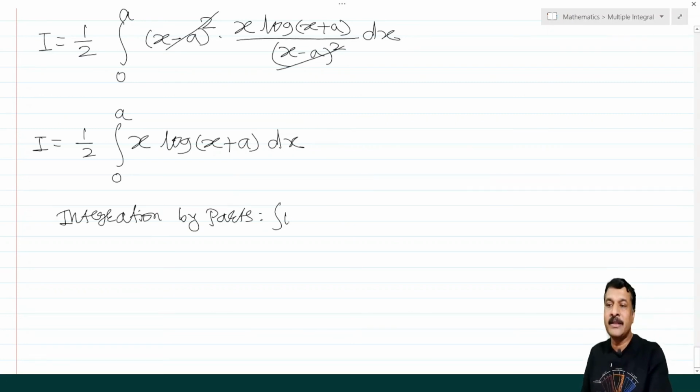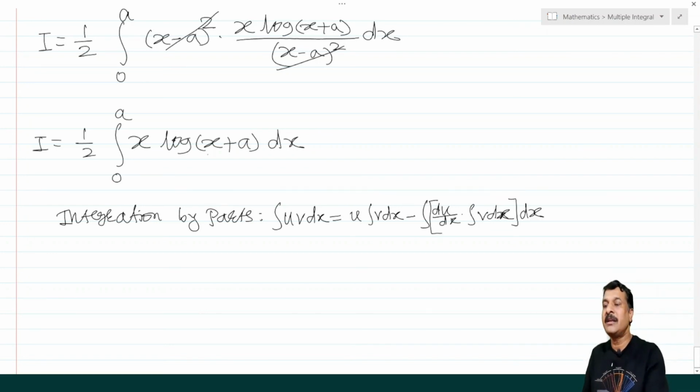It is the integration of uv dx, first constant, integration of v minus integration of derivative of first into integration of second into dx. So here this is a u and this is a v. Getting I equal to, because LIATE, so logarithm is always first, so that is why it is u and this is v.